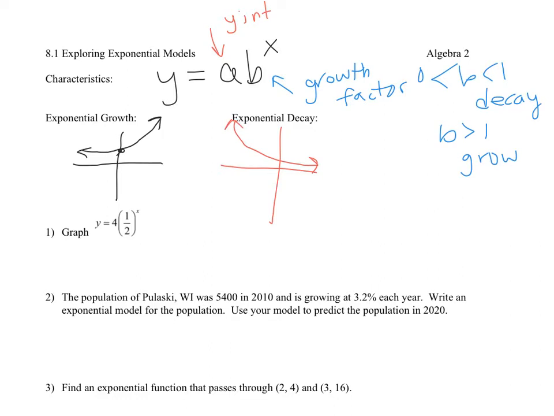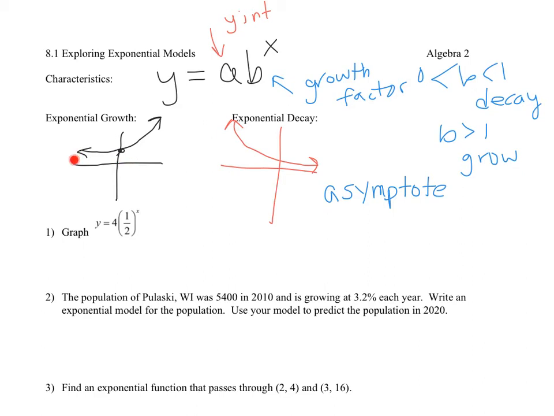Another characteristic of exponential growth and decay is that it has what's called an asymptote, so I'm going to spell it out. An asymptote is when a curve gets very close to crossing a line, but it never does.